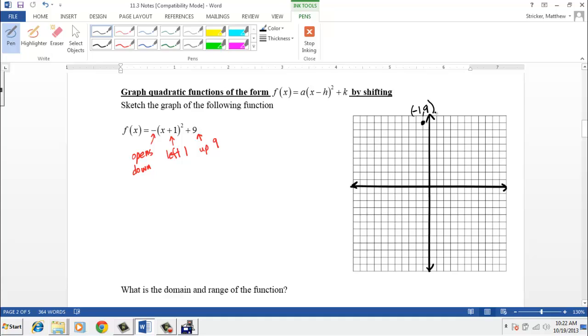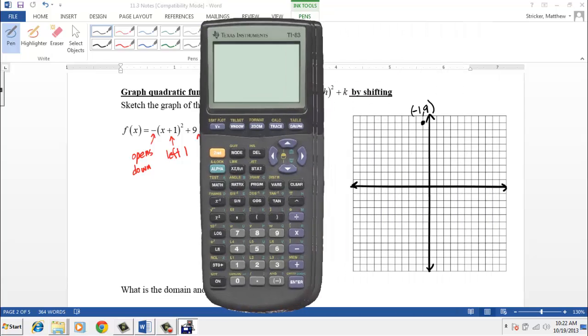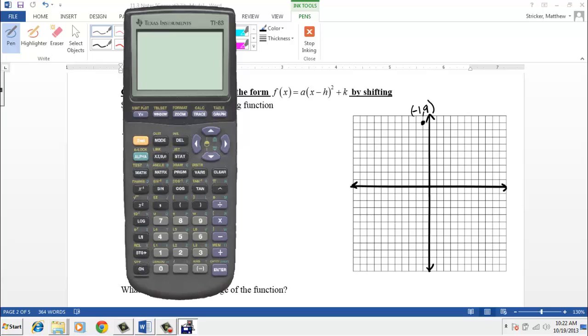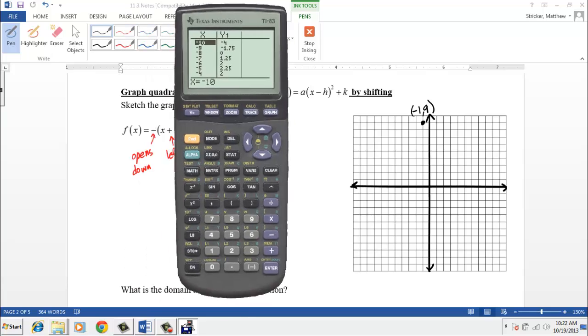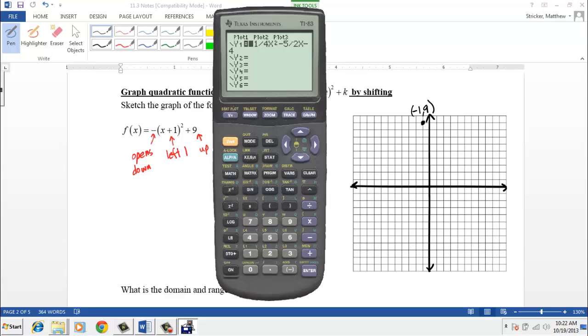And then there's a bunch of different ways we could come up with points, but probably the easiest way is to graph this with a graphing calculator and use the table to find some other points. So if I turn on my graphing calculator here and put the equation in, clear out that old one, let's put it in.